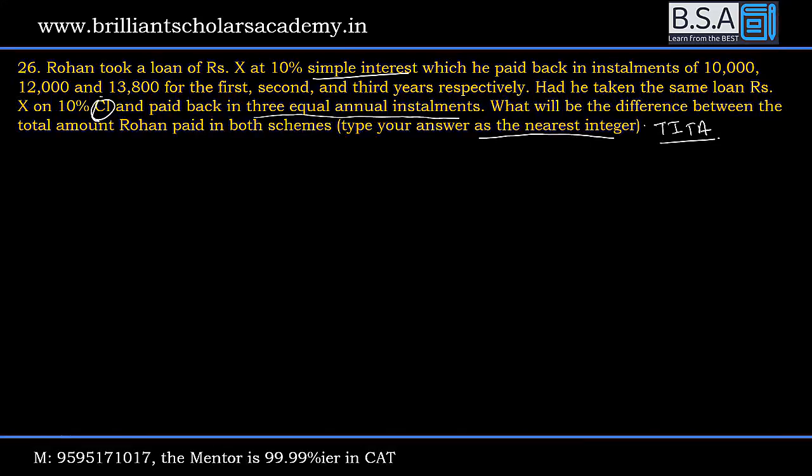Rohan took a loan of rupees X at 10% simple interest, and he pays back 10,000, 12,000, 13,800. If it is an AP, increase, decrease, both are possible.